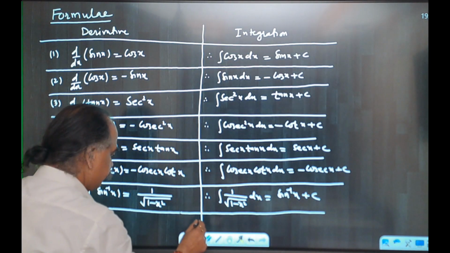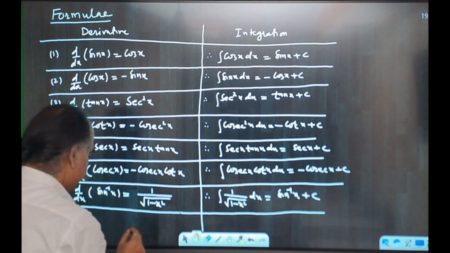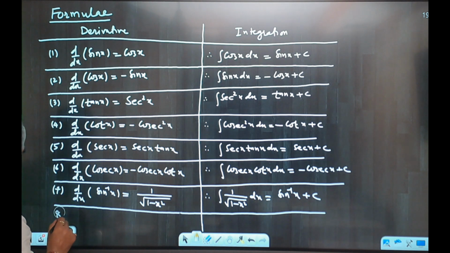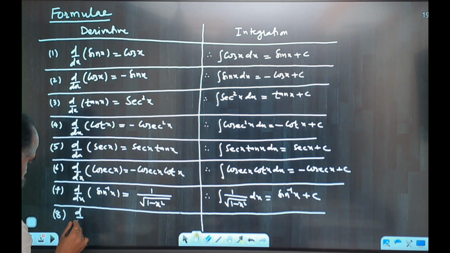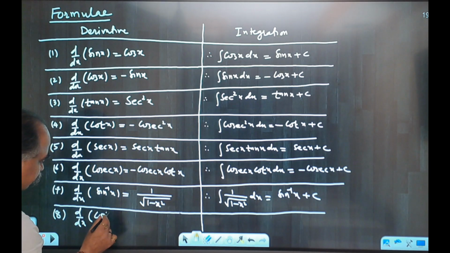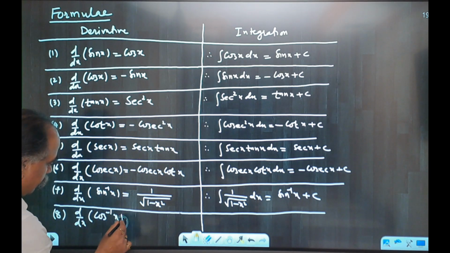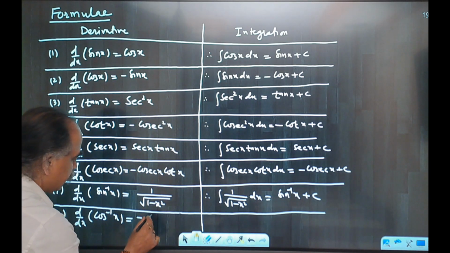Derivative of cos inverse x is minus 1 upon root 1 minus x square.